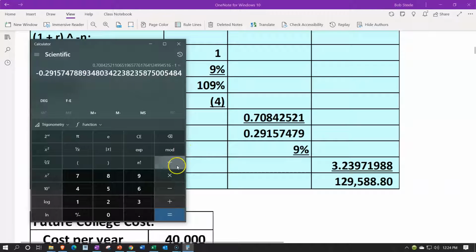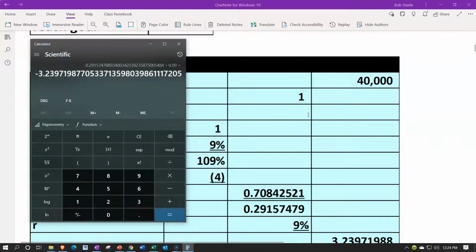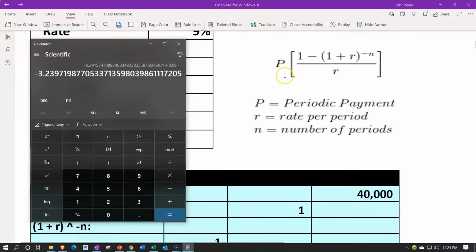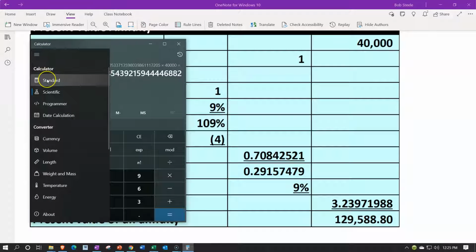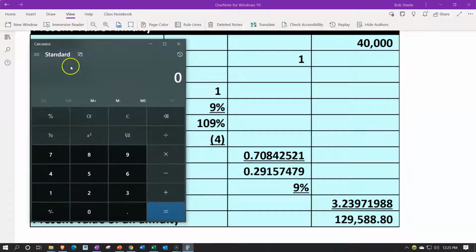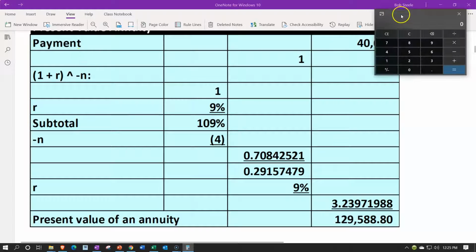So I'll take that amount and divide it by the 0.09, or 9%, gives us 3.2397 and so on. Finally, we could take that and multiply it. We have these two components now times the 40,000. Taking that times 40,000 gives us the 129,588.80 about. I'm going to convert my calculator back to the standard calculator, not being quite as scientific-y.